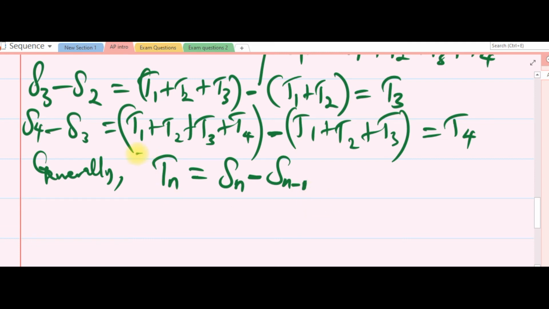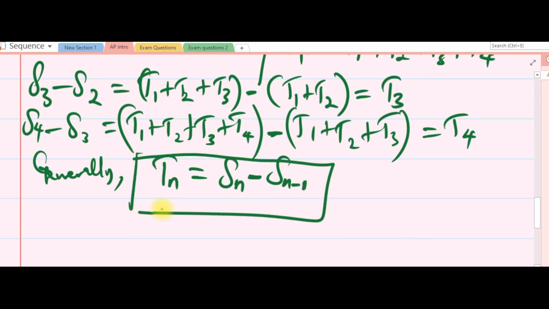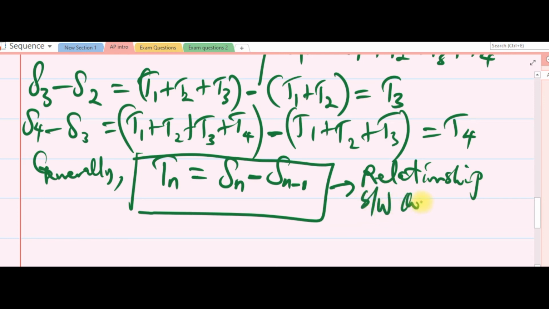So this is a very, very important formula. This is the relationship between the sum of the first n terms and the nth term.